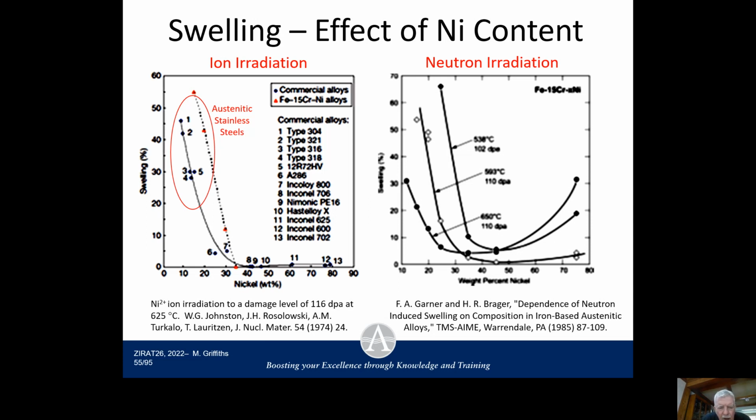Later work by Garner, affecting neutron irradiation as you increase the nickel content, but also Garner showed that as you go to higher nickel contents, the swelling actually starts to tick up again. Now, no physical process can go down and then up if you're only changing one variable. So there has to be something else going on here. There has to be two variables at play in this particular instance.